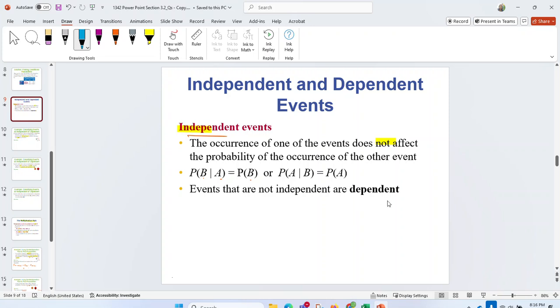So for example, if you go to the gym every day, compared to your math test score, going to the gym doesn't really affect your math score. The two events are not related, right? So that would be called an independent event.